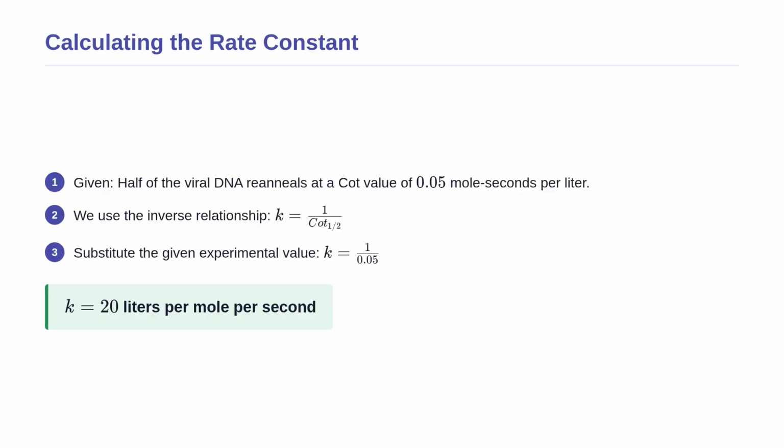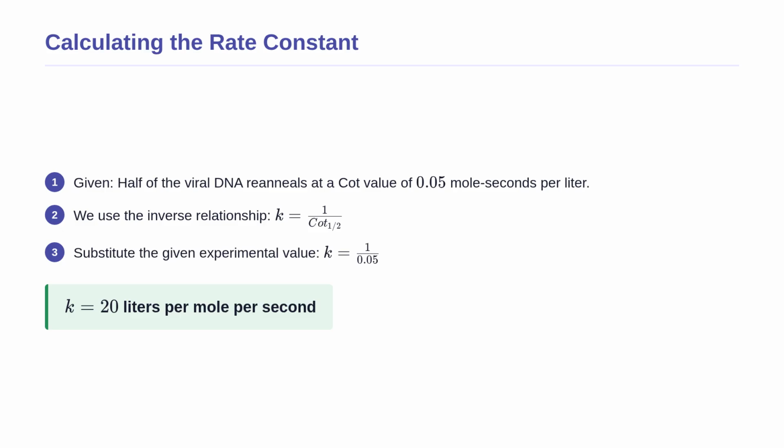Before we move on, let us see this formula in action with a concrete example. A researcher finds that exactly half of a newly discovered viral genome has reannealed at a COT value of 0.05 mole seconds per liter. We are asked to find the second-order rate constant.